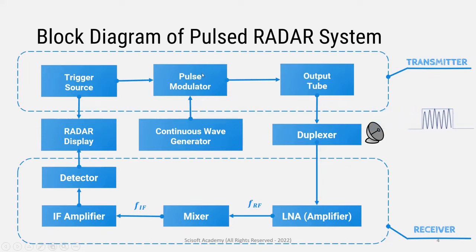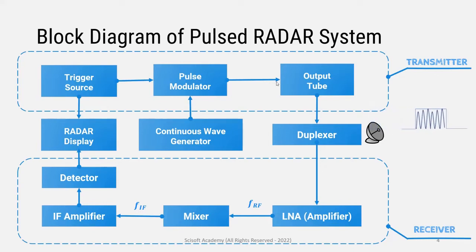After that, the output is given to the output tube for modification. Usually the output tube is going to be a gun oscillator, traveling-wave tube amplifier, or impact amplifier. From there we give the signal to the duplexer for transmission into the atmosphere. So I hope the transmitter section is clear now.